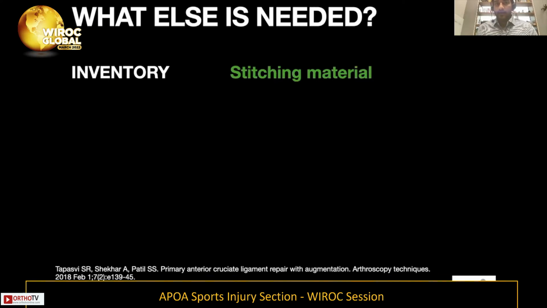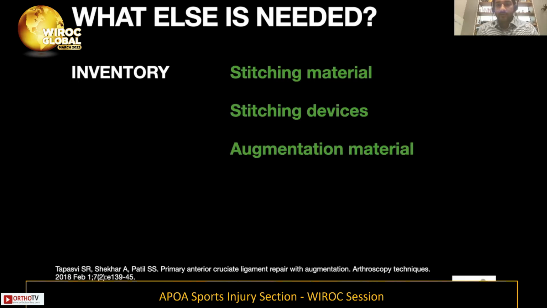So if you wanted to do an ACL repair, you'd need stitching material, which you'll have because you would have inventory in place to repair the meniscus in case you found a tear during the scope. Second, you'll need stitching devices. So something like a first pass mini used to repair meniscal roots is always in place in the OR. You could probably also need augmentation material, which you'd also have during a standard ACL reconstruction case.